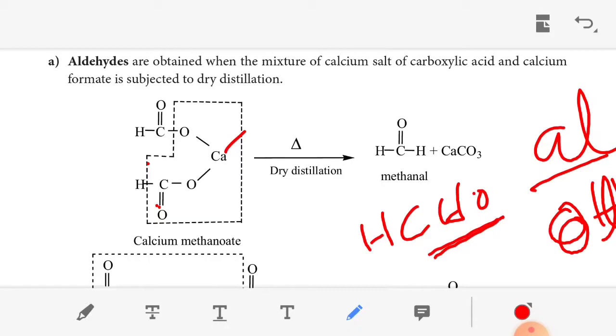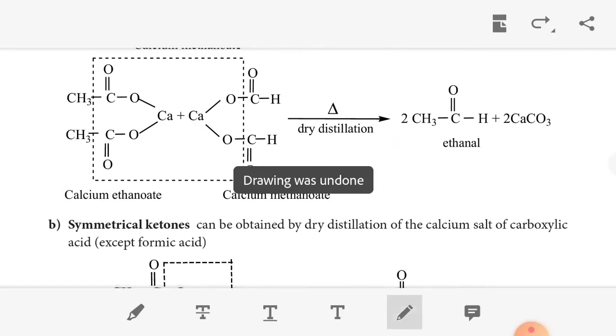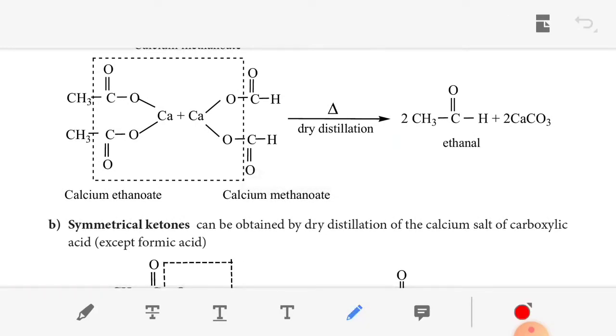HCHO plus CaCO3, calcium carbonate remains. The next one, same thing: calcium ethanoate plus calcium methanate, dry distillation, to give ethanal.